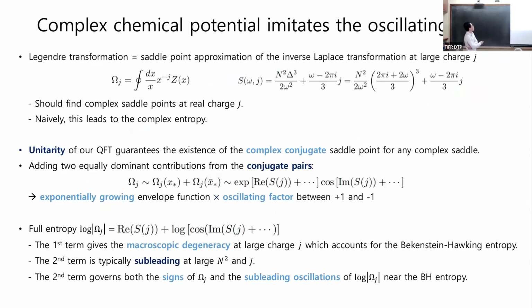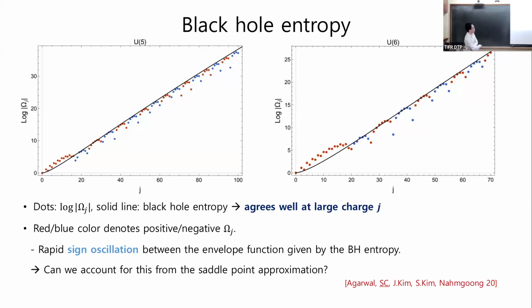The Legendre transformation from the free energy to the entropy is nothing but the saddle point approximation of the inverse Laplace transformation. I want to see the region of the charges where there is no black hole. You mean very small charge? I was wondering where a black hole doesn't exist for all charges. Here, charge is very small, so this actually agrees with the gravity conditions.